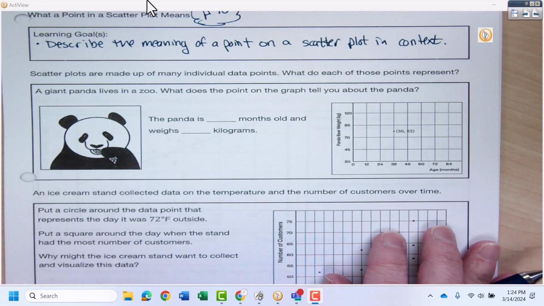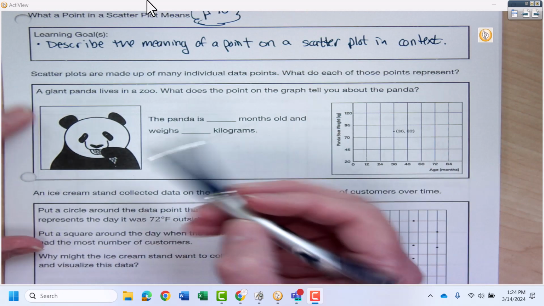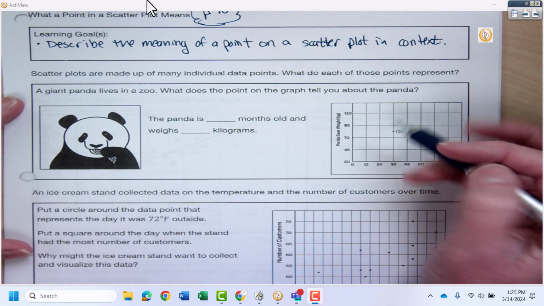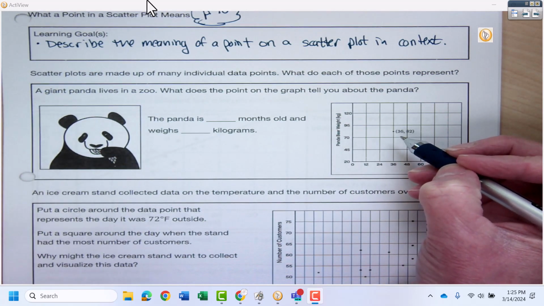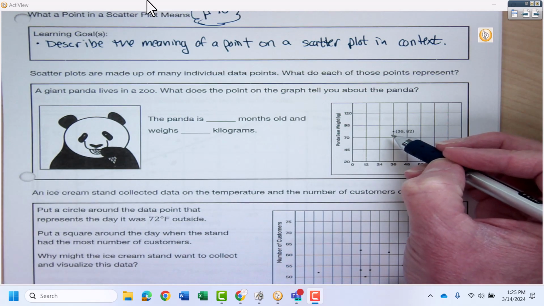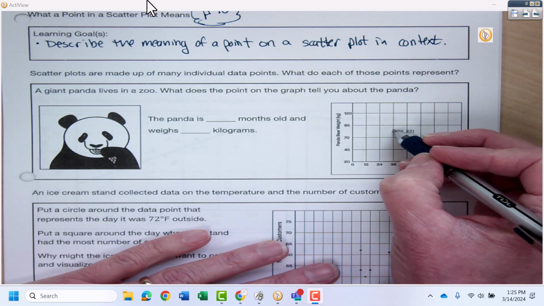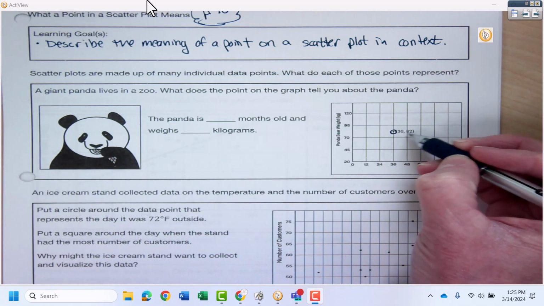Now, you worked with robots in the activity in class, but here we have an example with a panda. You have a giant panda that lives in a zoo. What does this one point on the graph tell you about the panda? Normally on a scatter plot, there's lots of points, but let's just focus on what one of those points might mean. Well, as I'm looking at this point right here, I can think about the coordinates that make up that point.